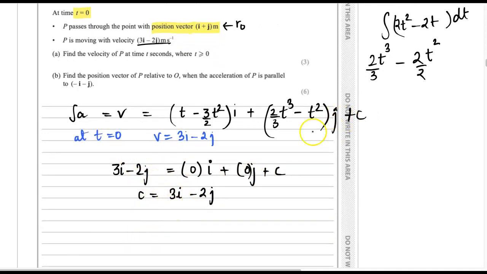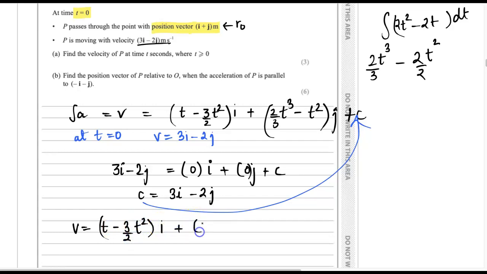So now we are going to be substituting the value of c there. What it gives us is velocity, which is t minus 3/2 of t squared i plus 2/3 t cubed minus t squared j plus 3i minus 2j.